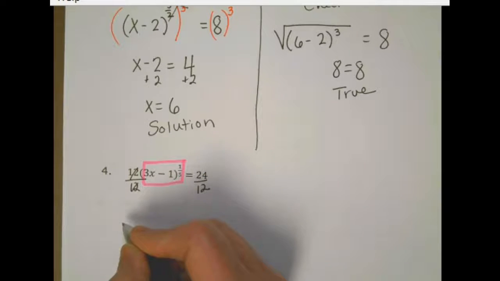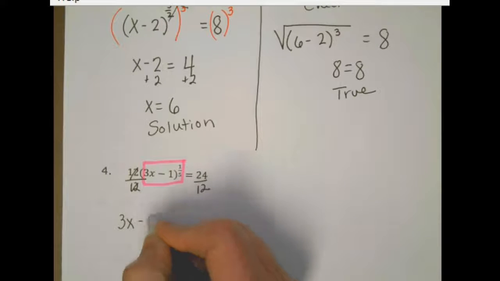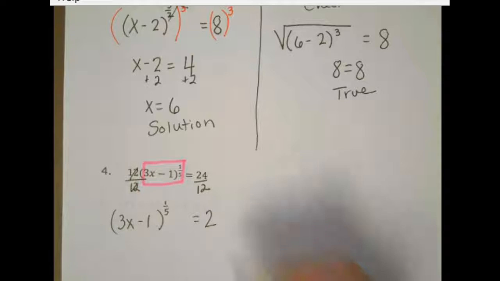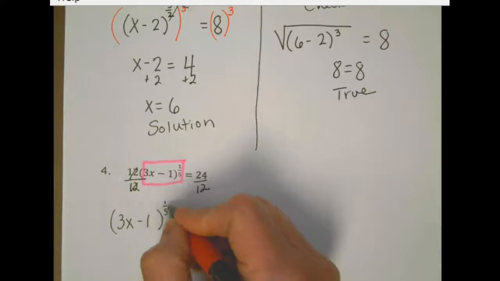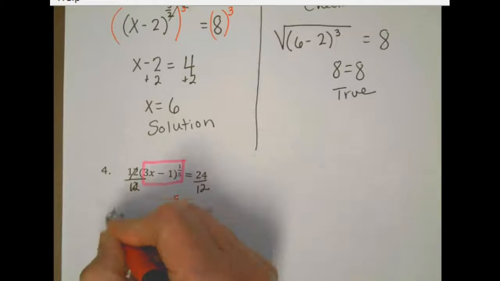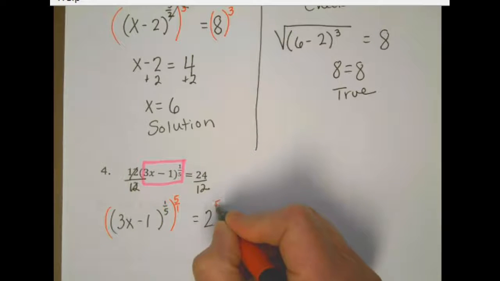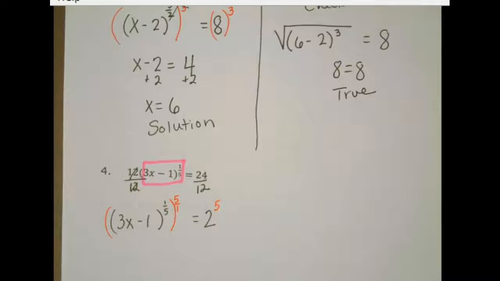Cancel, cancel. The reciprocal of 1 over 5 is 5 over 1. 5 over 1 is the same thing as a 5. The powers cancel each other out.